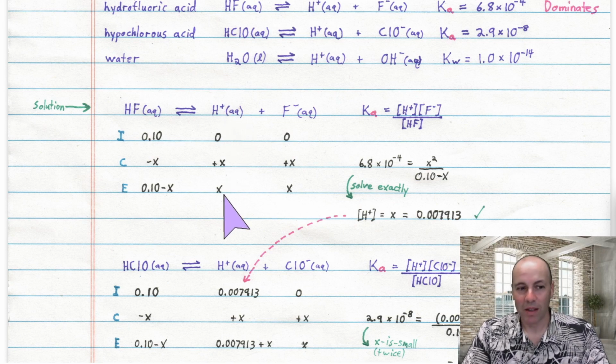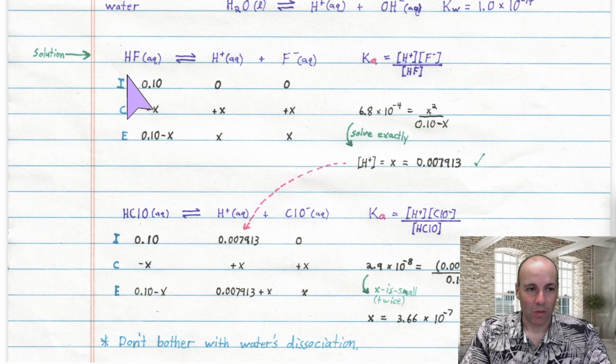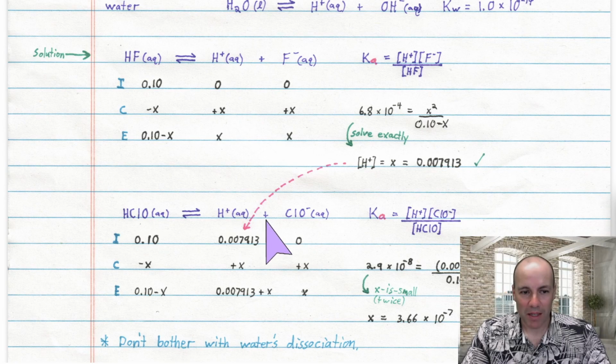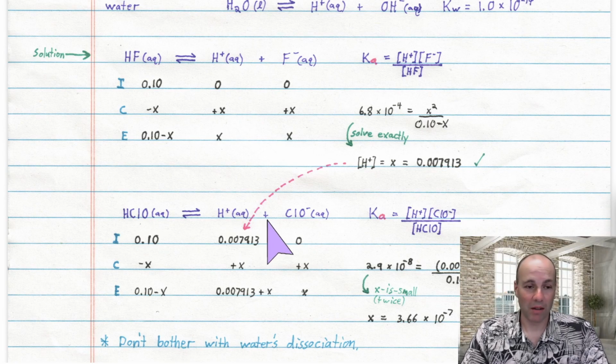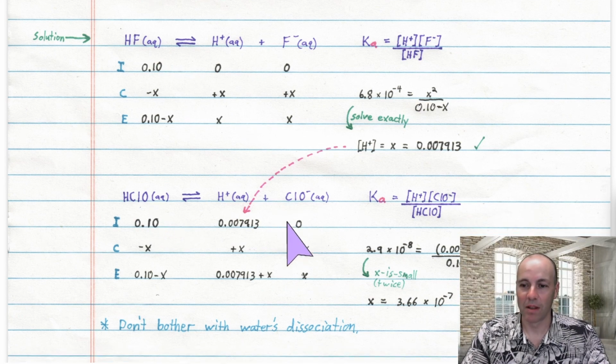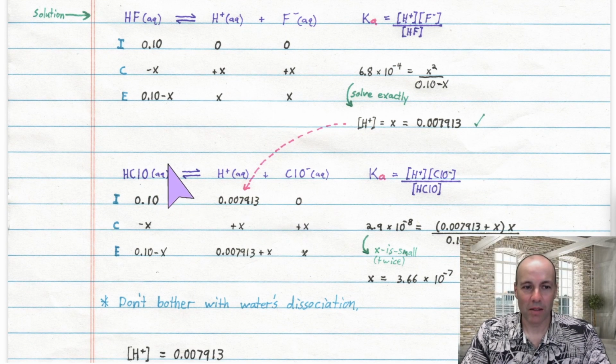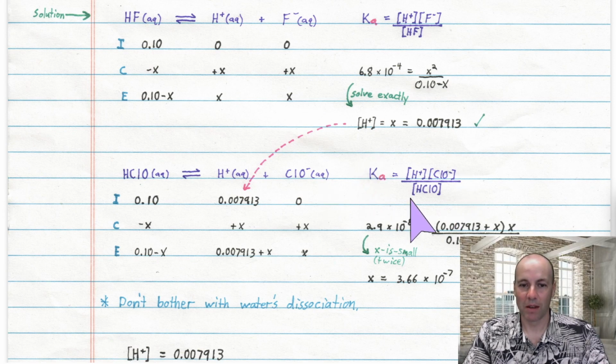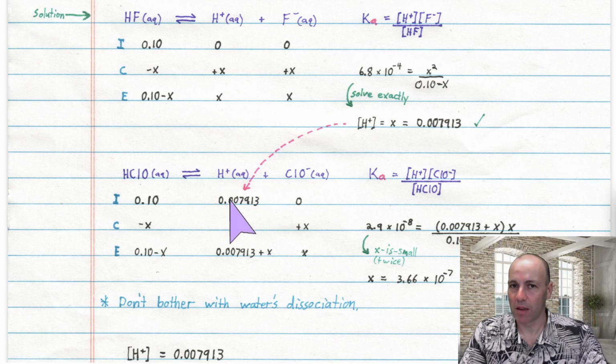Now, as we did in the polyprotic acid problem, we can think of the next acid in line as dissociating next. So after this one dissociates, now that one happens. The HClO has this equilibrium chemical equation with the corresponding Ka equation. The initial acid concentration is 0.1 molarity, and now the initial proton concentration is what was provided by the first dissociation.